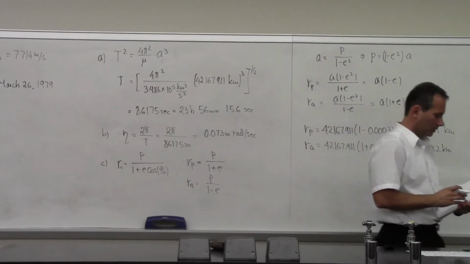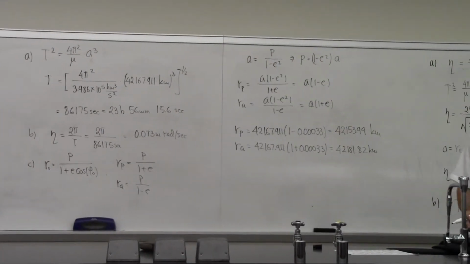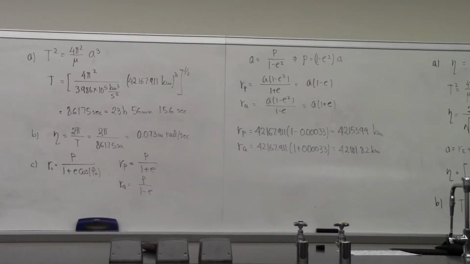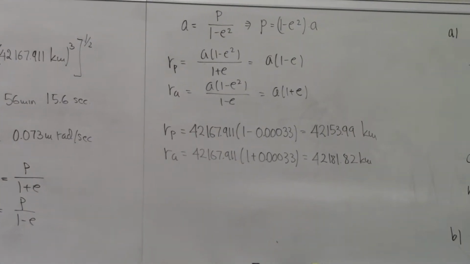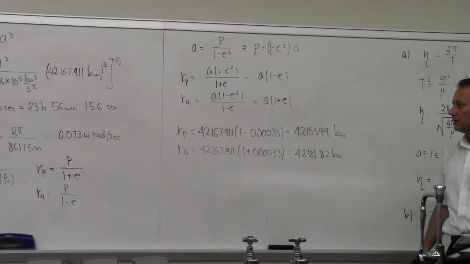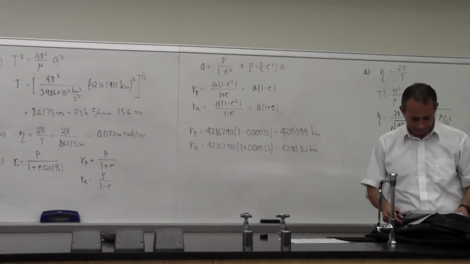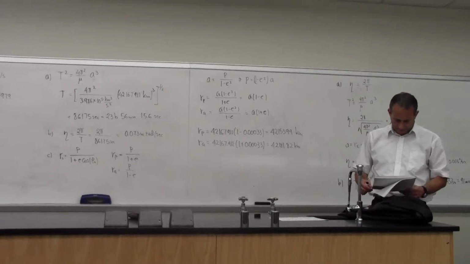This tells us what we already know, that satellites flying in geostationary orbits are on orbits that are very close to being circular, right? So there's a very small difference in the distance between perigee and apogee.